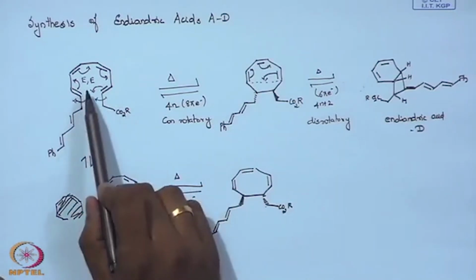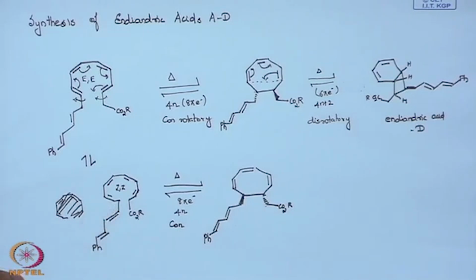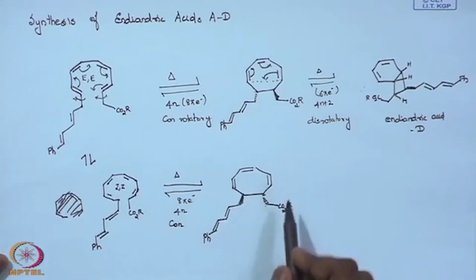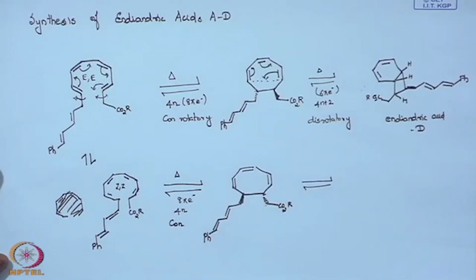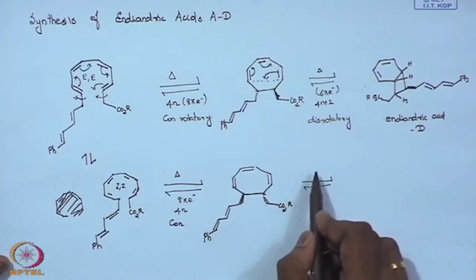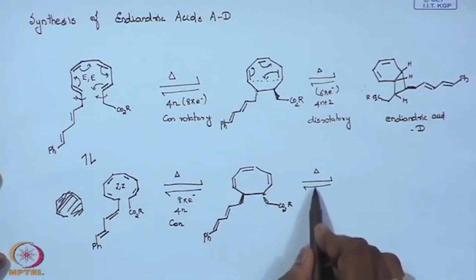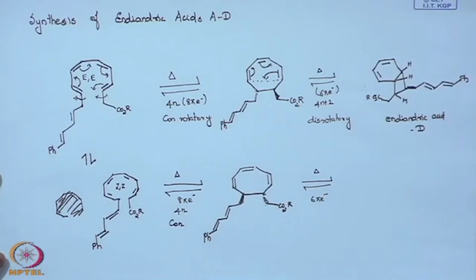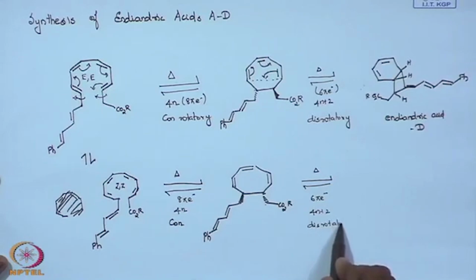So here I have taken the EE, so it can exist like this as ZZ. Okay. Now again I say that I am going to take this part, heat it. Okay. So what happens, it is again a 6 pi electron system. So again I can use the same rule, 4n plus 2, and this rotatory, which is similar to the previous case. Okay. Clear?